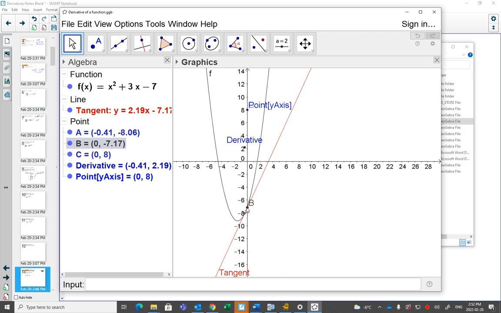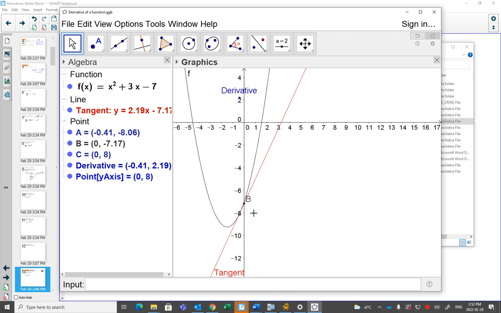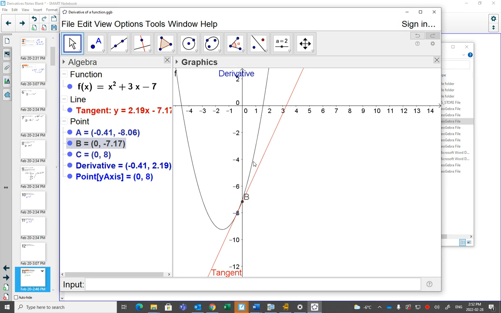A little bit of frustration right now because I should be able to take this point B and drag it, but it's not. It's not letting me, which totally ruins what I was about to show you.